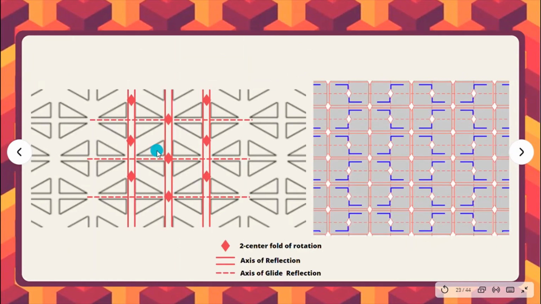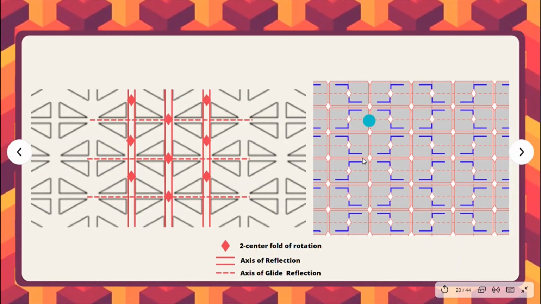Here, let us take a look at this visualization. We have a combination of red diamonds, broken lines, and double lines, which depicts a 2-centerfold rotation. We have a glide reflection here, and we have an axis of reflection.